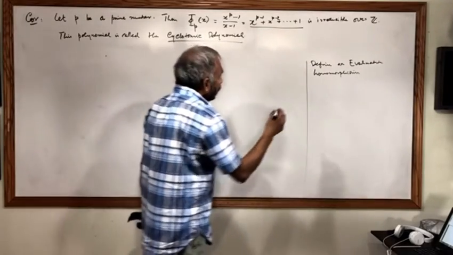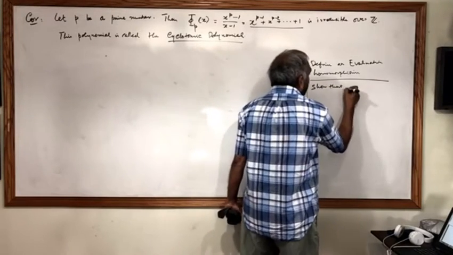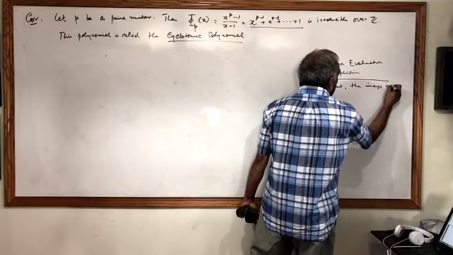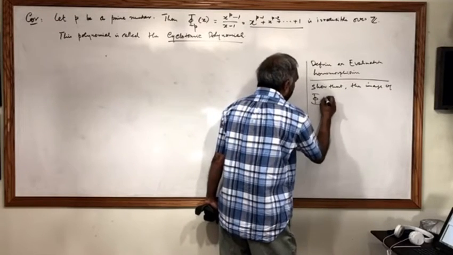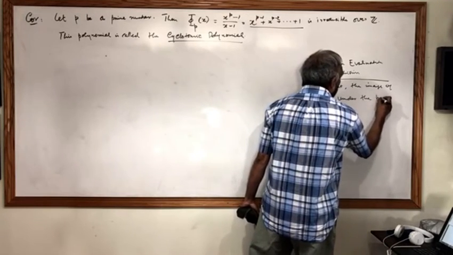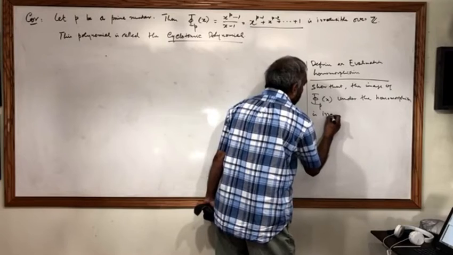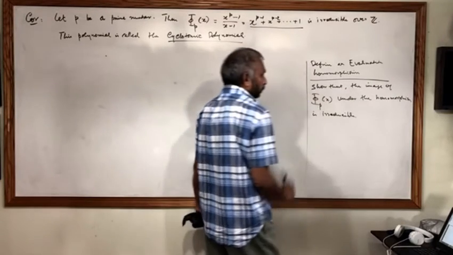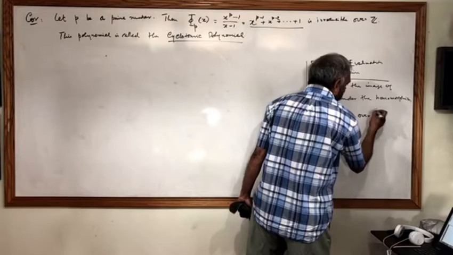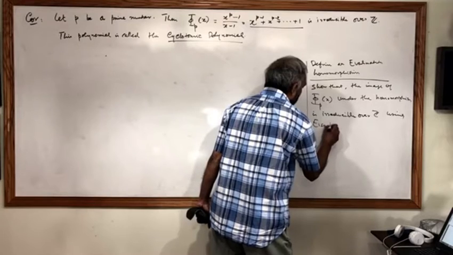Then show that the image of phi p of x under the homomorphism is irreducible over Z using Eisenstein criterion.